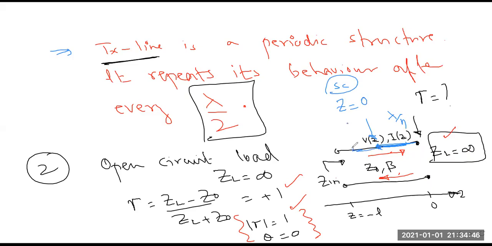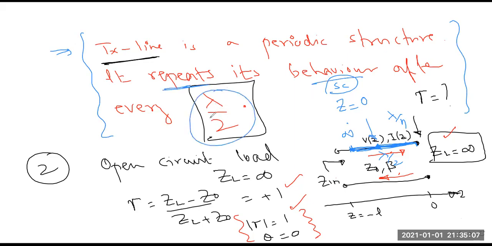If you further move so that this distance is equal to lambda by 2, and this is infinity, this point will also be infinity because of the periodic nature. So again, this is a general statement: you will always get repetition of behavior after lambda by 2. Voltages, currents, impedances, all of these three quantities will show periodic behavior, and they will repeat their value after every lambda by 2.